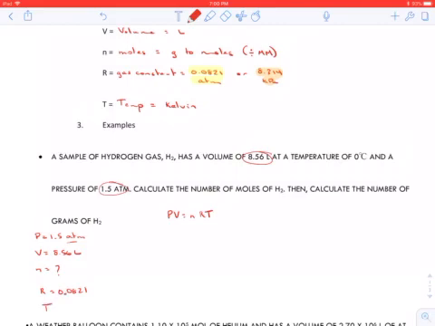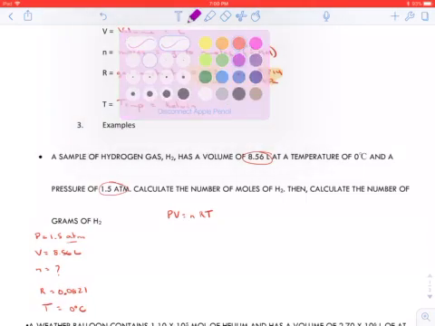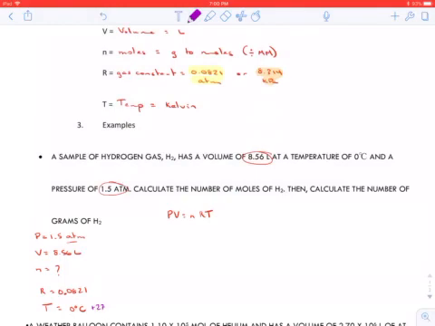Then we have T, our temperature, which is 0 degrees Celsius, and we're obviously going to have to take that to Kelvin. To get to Kelvin, we're going to add 273.15, so our Kelvin temperature is 273.15. If we solve this for N, we're going to divide each side by RT, so N is going to be PV over RT.